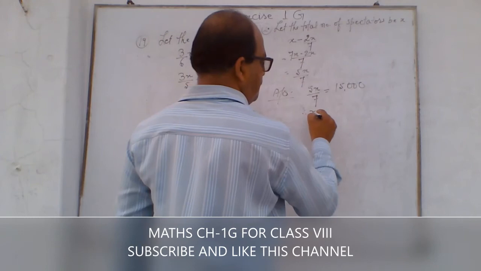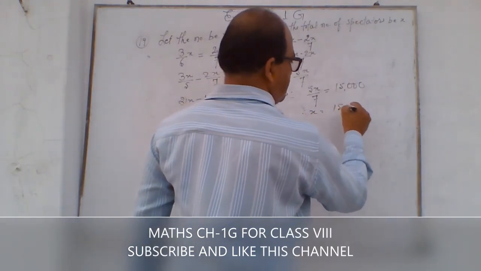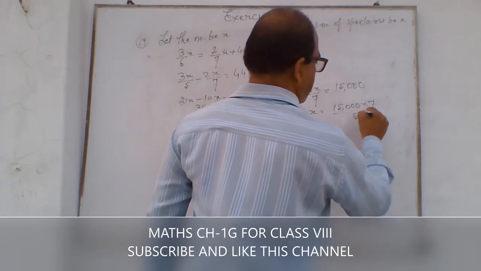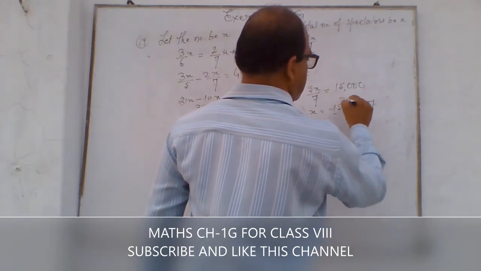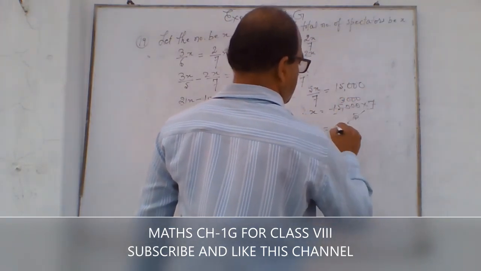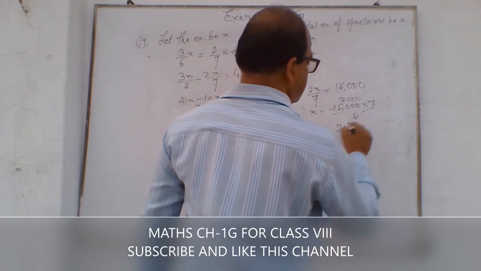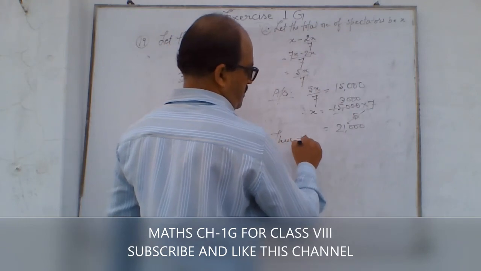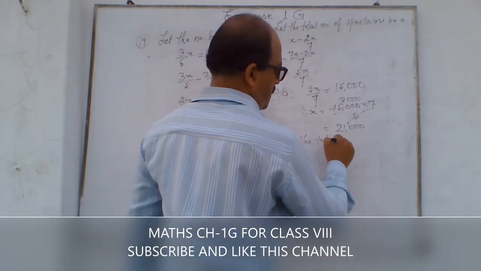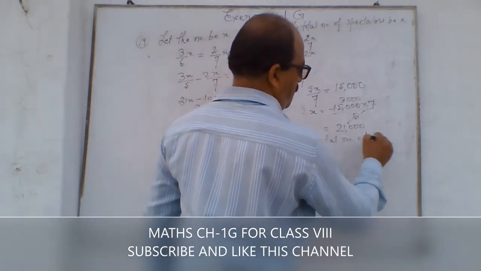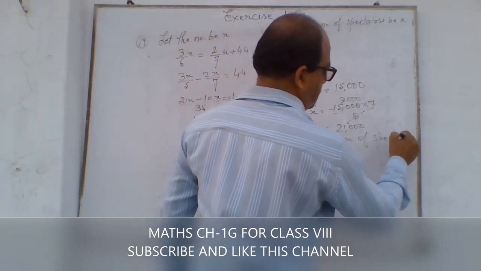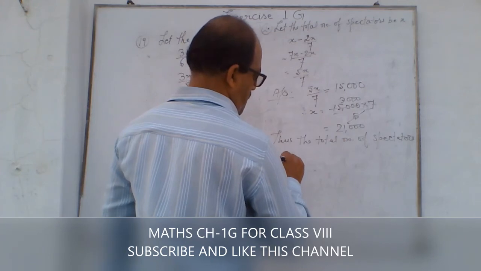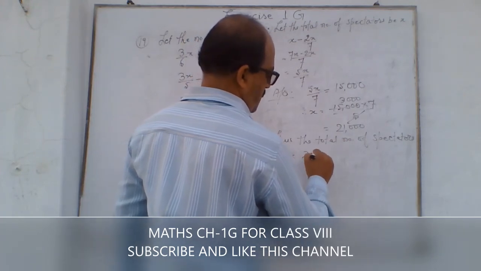Find the value of x. 15,000 into 7 by 5, 5 threes are 15. So the total number of the spectators is 21,000.